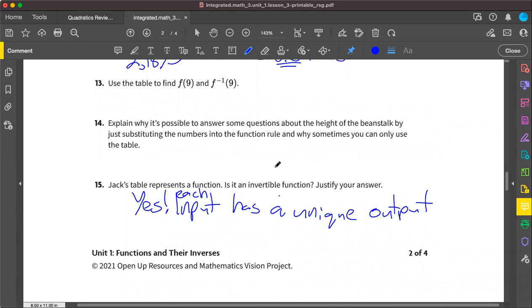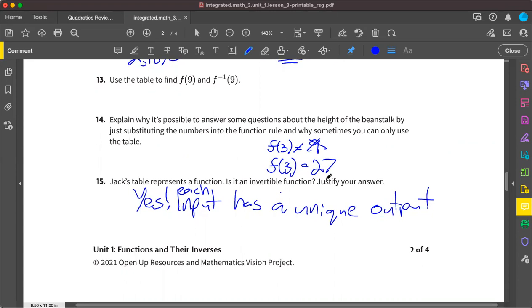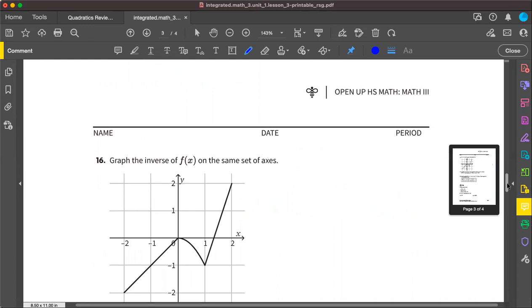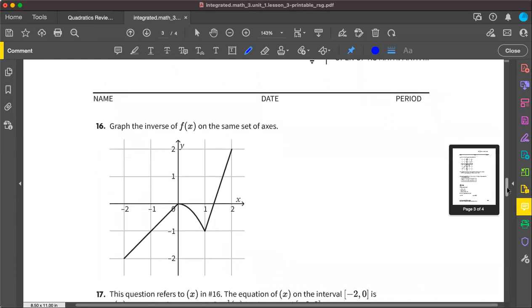That means that if you were going to test f of 3, which I think is 27, you're never going to have some other increment where it's going to claim that f of 3 is just 9. That's not happening. That would be very conflicting. So every input has a unique output. There's nothing that doubles over. There's actually no repeats in your output. So that's what that means.